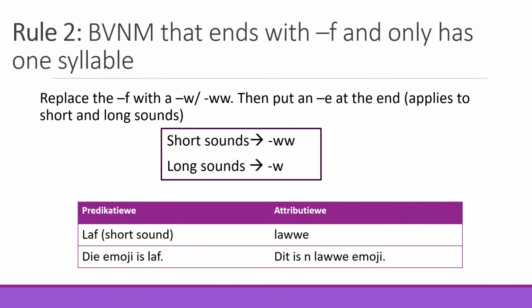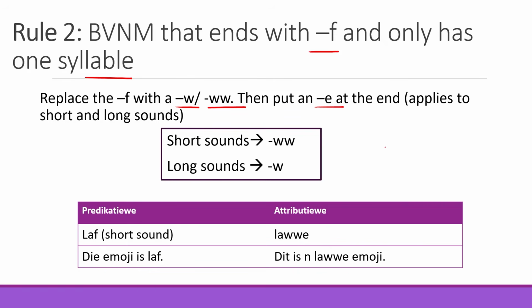Rule 2. When the byvoeglike naamwoord ends on an F and it only has one syllable, we will replace the F with a W or a double W. Then we add an E at the end. And this applies to short and long sounds. So for example, short sounds will get a double W, and long sounds are going to get a W, right?